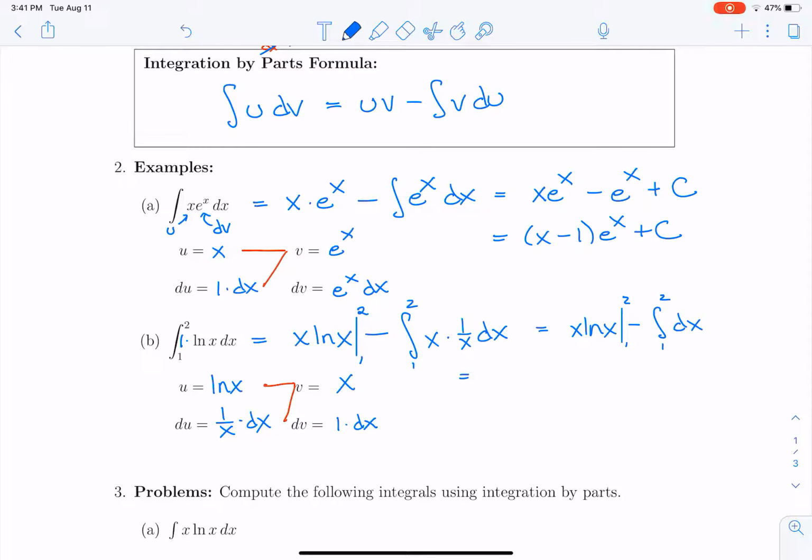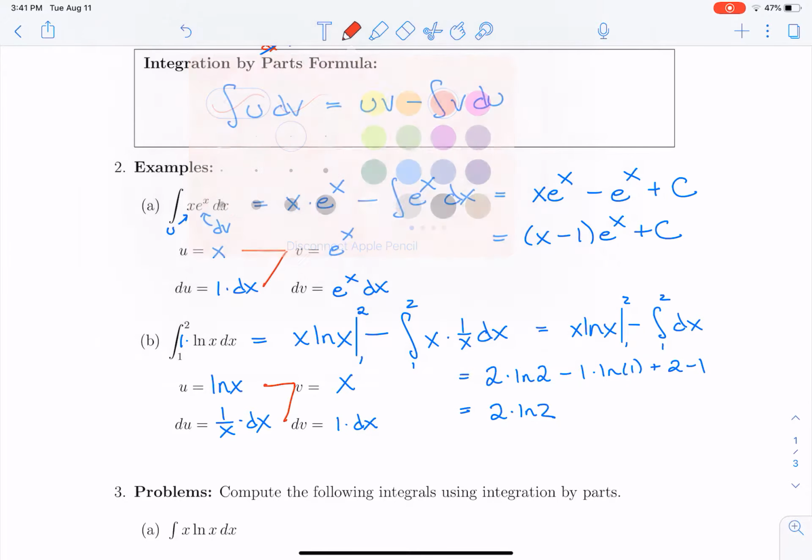So I'm going to get 2 natural log 2 minus 1 natural log 1. And then the integral of dx from 1 to 2 is just going to be 2 minus 1. So in fact, I'm going to get 2 times natural log 2.